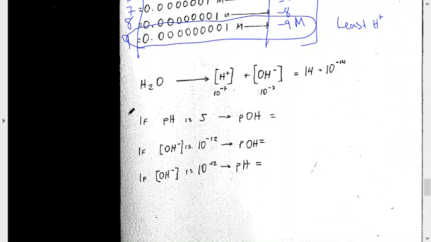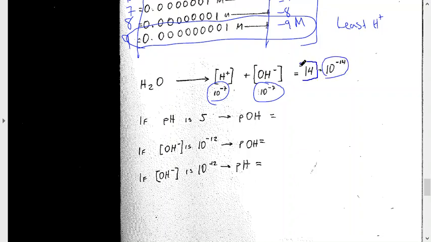All right, last portion here for this section. Water, remember, can be written as a dissociation equation between hydrogen ions and hydroxyl ions. So remember, the pH of water is 7, so the concentration of hydrogen in water is to the negative 7th, and the concentration of hydroxyl is to the negative 7, which means you have a total of 14.